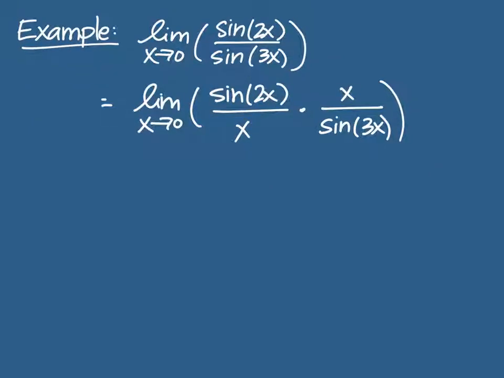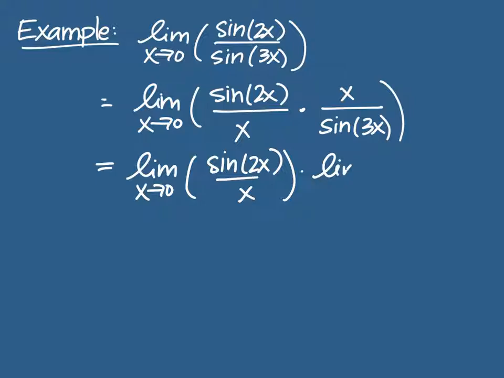Now I can break this up. And so now I can have the sine of 2x over x broken up from the separate limit of x over sine 3x.